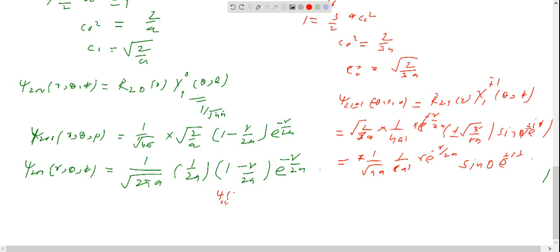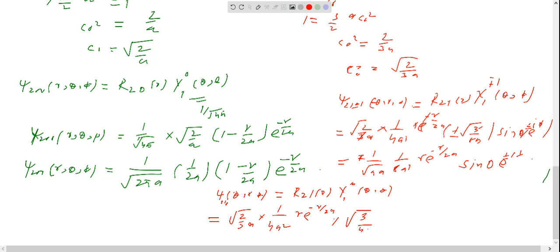And the other function is psi 2 1 0 of r, theta and phi equal to R 2 1 of r and Y 0 1 of theta and phi. By putting the value we get under root 2 out of 3a multiplied by 1 out of 4a square r e raised to the power minus r by 2a, multiplied by under root 3 out of 4 pi cos theta.